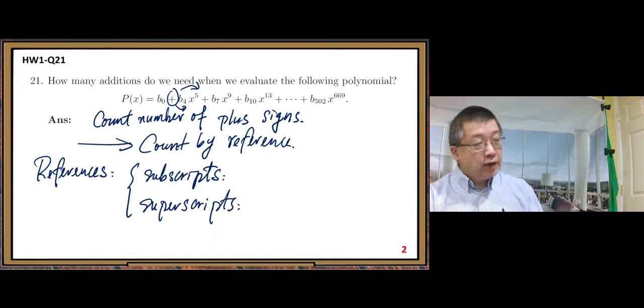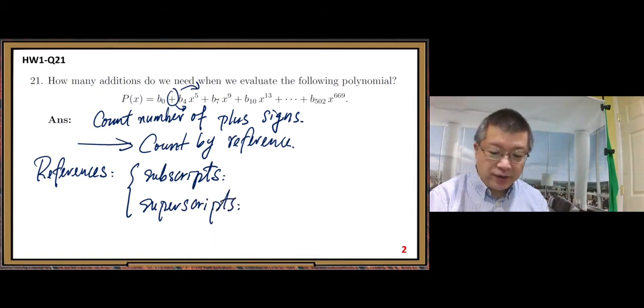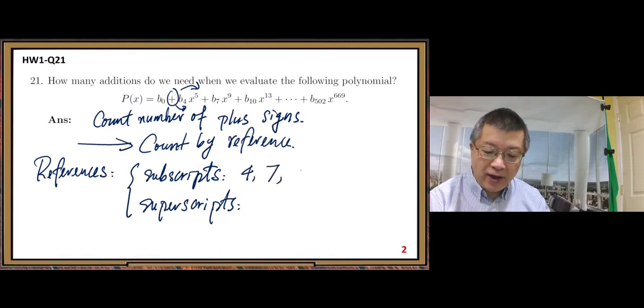For subscripts, you list all of them and try to find some rule: 4, 7, 10, ..., 502.